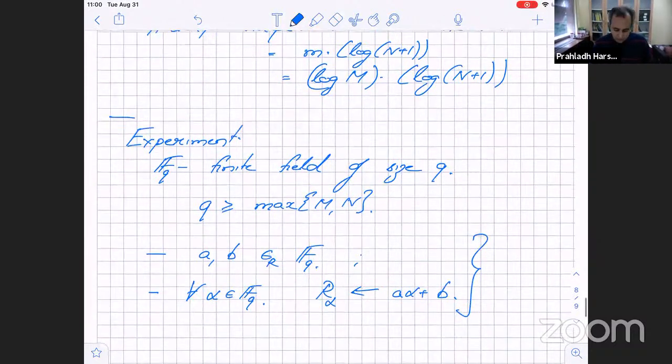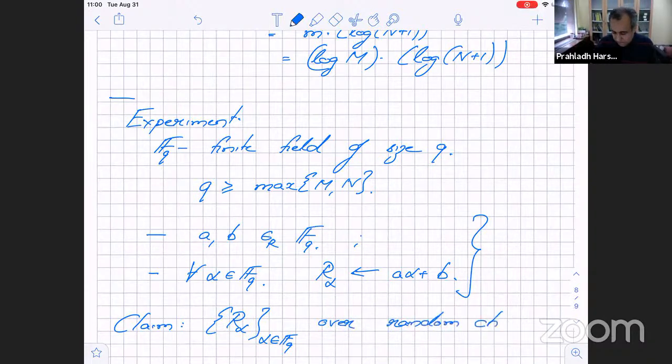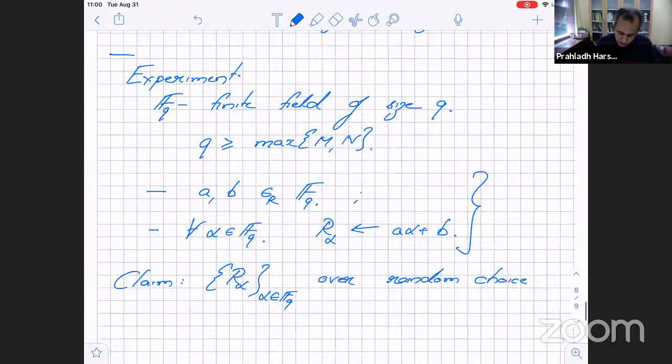The claim I want to make is, if I look at these strings, R of alpha, alpha in F_Q, over random choice of AB, where AB is completely random in F_Q cross F_Q, this is pairwise independent.